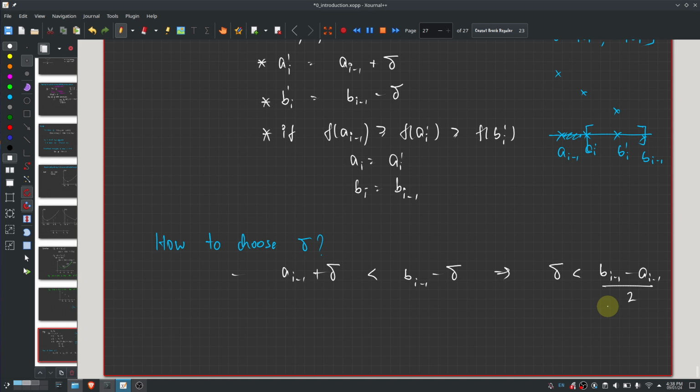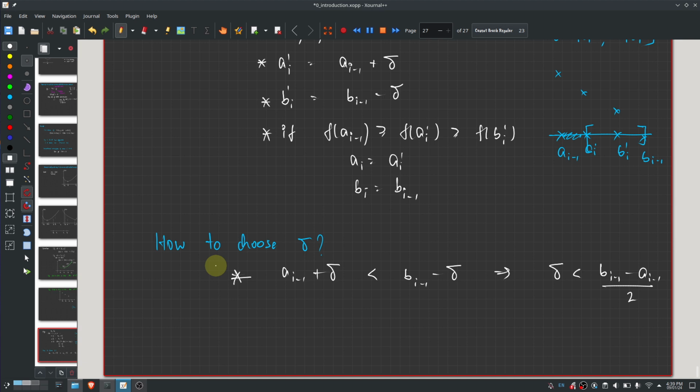But is there a better way of choosing delta? Can I choose it arbitrarily, or can we do it in a more clever fashion? If I choose too small a delta, what would happen? It takes a lot of time, because I don't shrink my interval quickly enough. But what happens if I choose a really large delta? Potentially you could keep oscillating. But also, we have to do a lot of evaluations.